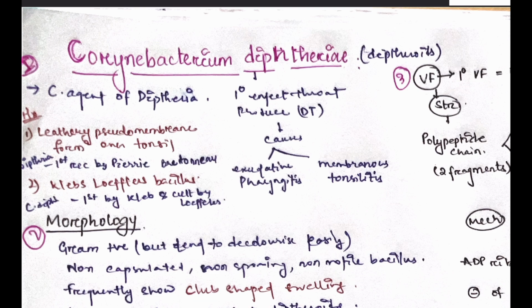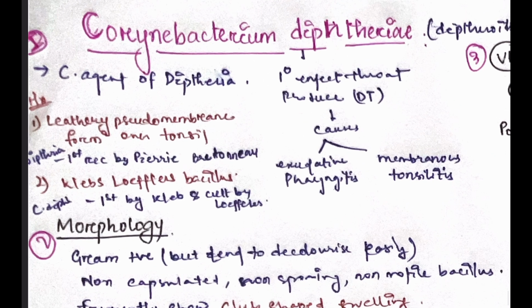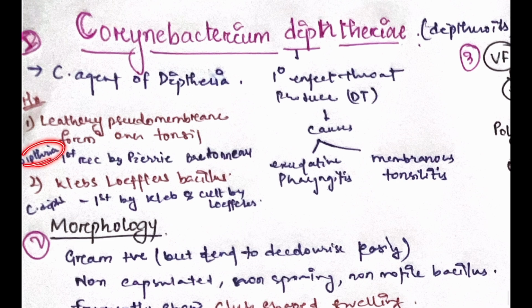Now, coming to the history of Corynebacterium diphtheriae. First, diphtheria was recognized by Pierre Bretonneau, that is, leathery pseudomembrane formation over the tonsil.